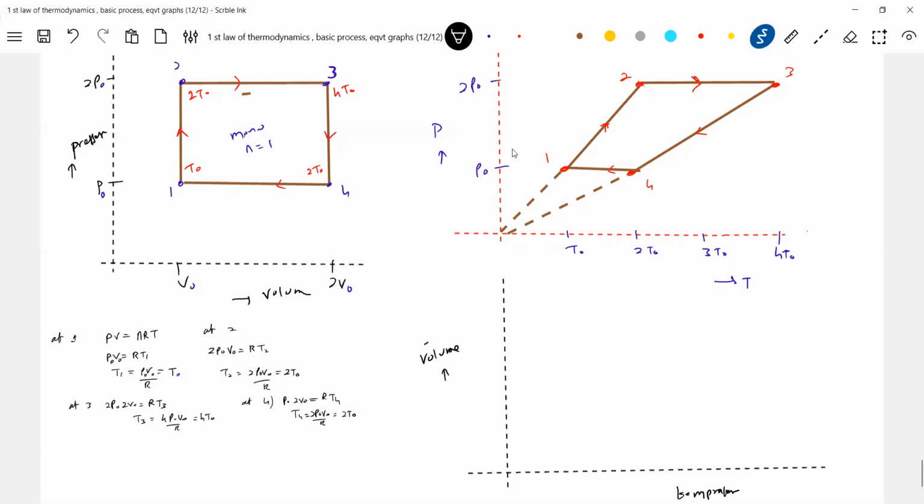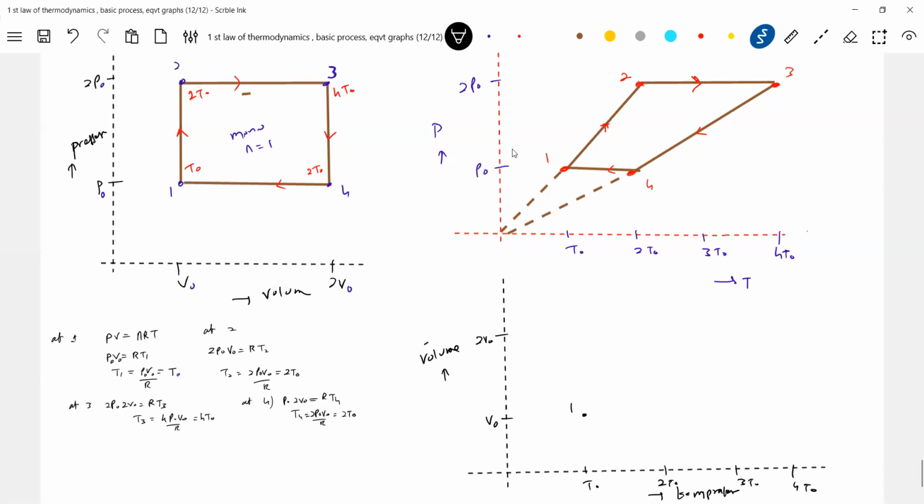This is the temperature. Now, what are the volumes? V0 and 2V0. Temperature as usual: T0, 2T0, 3T0, 4T0. Again, what is the method? Just identify the points. V0, T0. Okay, first point.